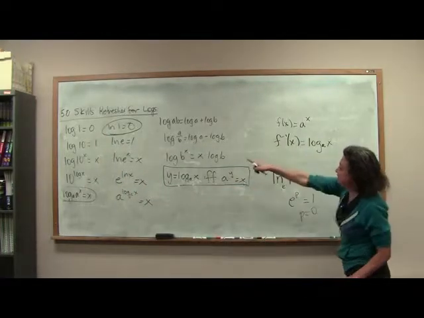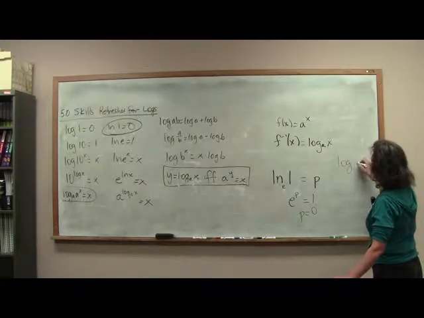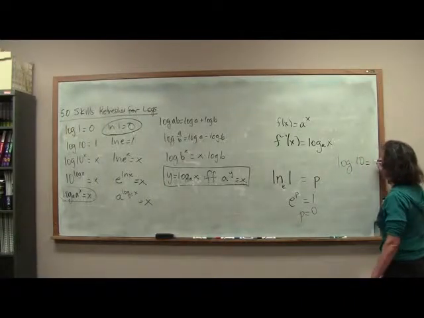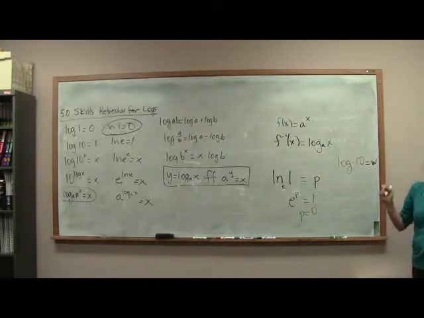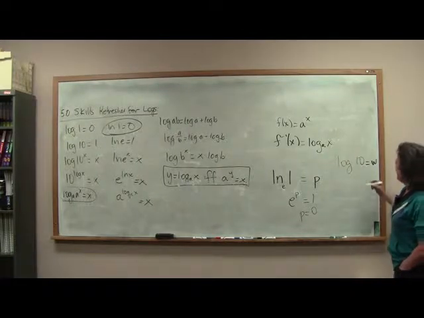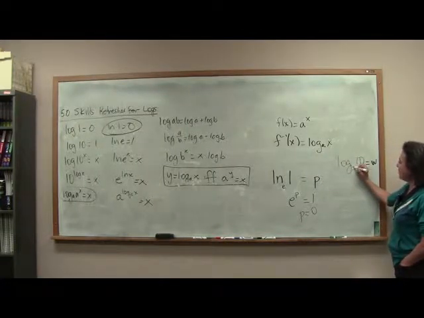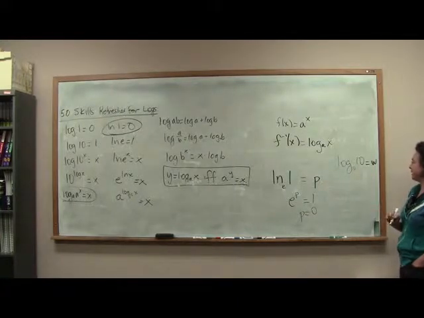In a similar manner, I'll show you log of 10. Suppose we have log of 10 and we want to know what that's equal to. Well, I'll call that W right now for no better reason than because today's Wednesday. Remember, when you don't have a base written and you have it written as log, it's log base 10.